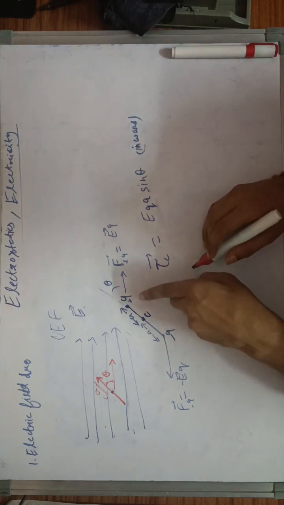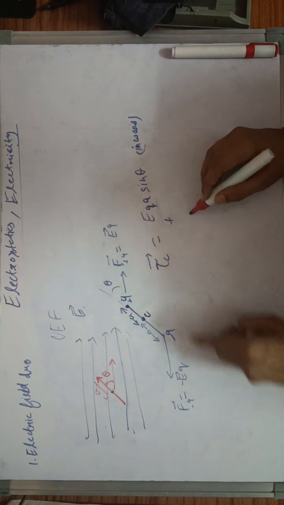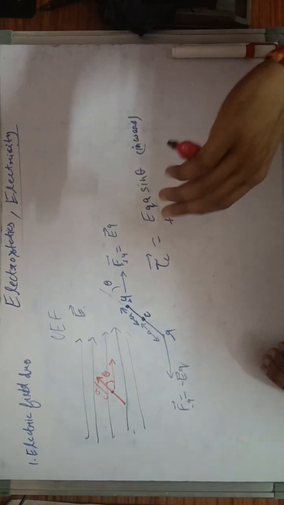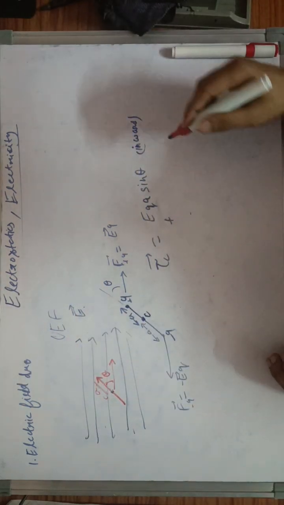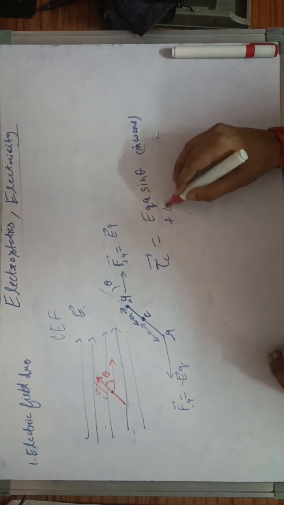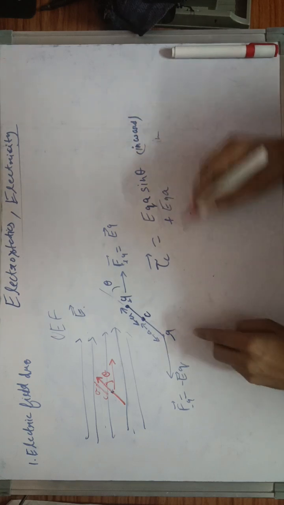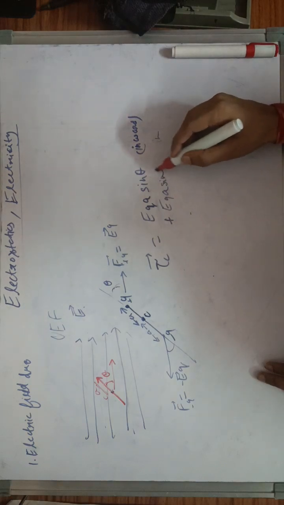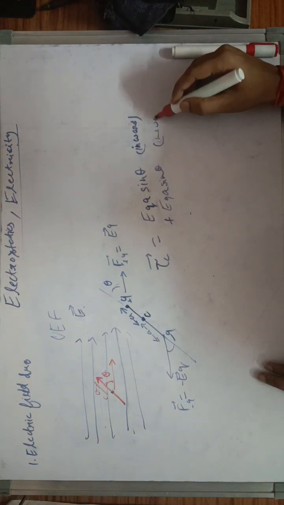And similarly, there is one more torque acting on this point. This is also in a clockwise manner, so this is also inward, and the magnitude is again the same, EQa. The angle between them is the same theta, so this is sine theta, inward.